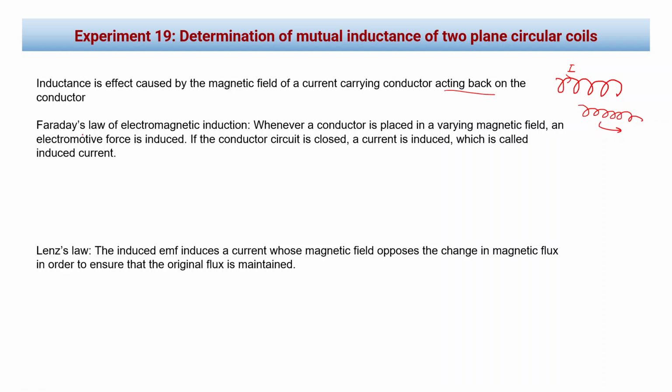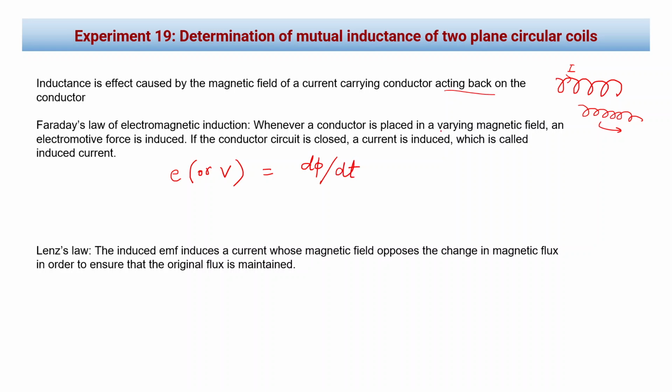Recalling Faraday's law of electromagnetic induction: whenever a conductor is placed in a varying magnetic field, an EMF is induced, and if the conductor circuit is closed, a current is induced, which is called induced current. This we understood last time. To write it as a formula, the EMF, either E or V, is proportional to the rate of change of magnetic flux.